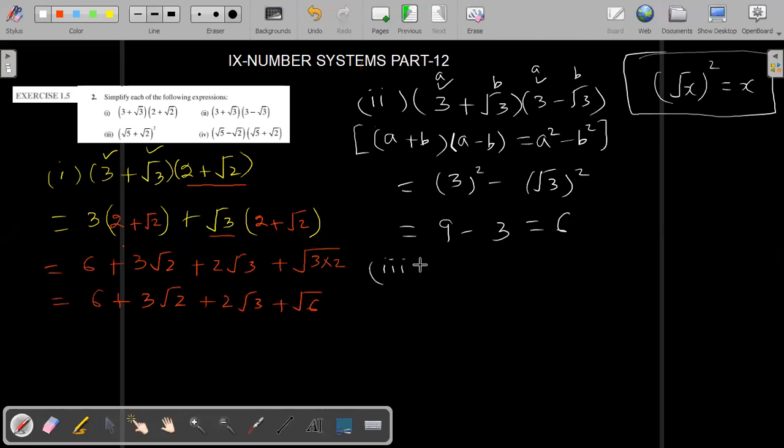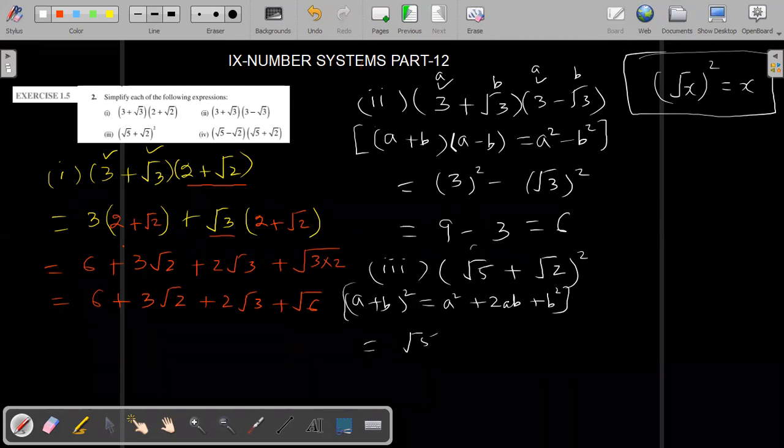This is a very simple type of question we have given in our textbook. Root 5 plus root 2 whole square. Here we can use the a plus b whole square formula, which is a square plus 2ab plus b square. A is root 5 and b is root 2.